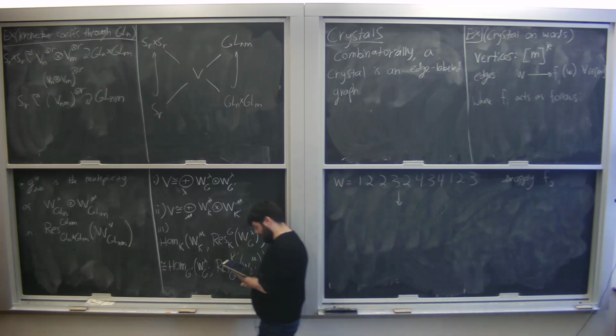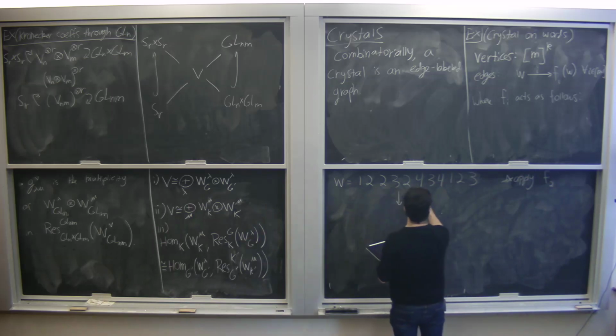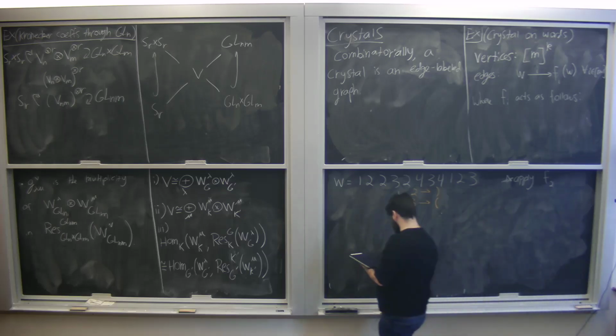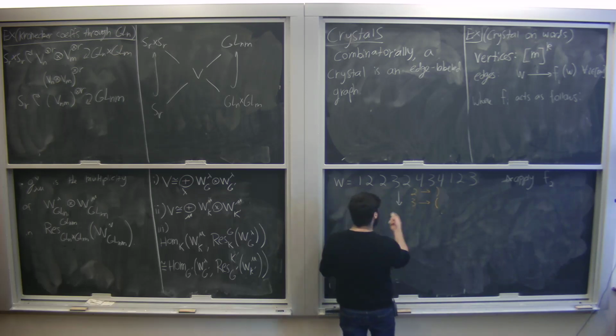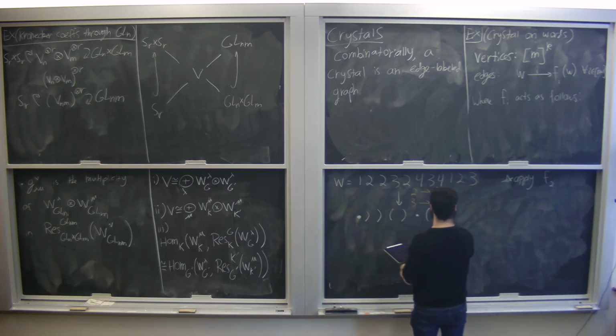First, we're going to replace every 2 with a closing parenthesis, every 3 with an opening parenthesis, and we're going to ignore the other numbers. So we have some number, close, close, open, close, some number, open, some number, close, open.